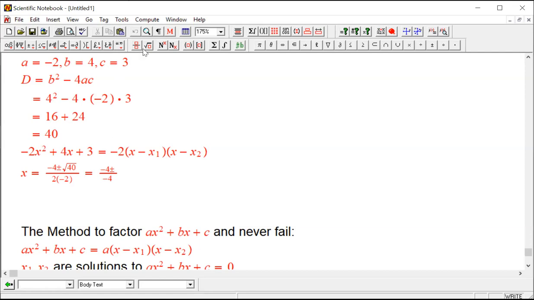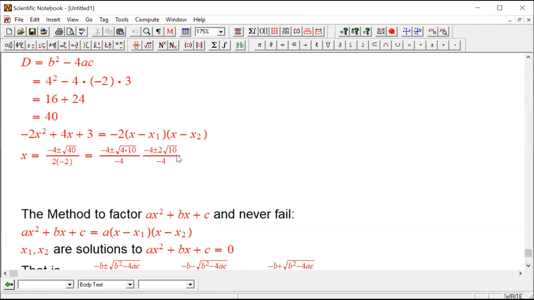Root 40 is root 8 times 5, or 4 times 10. 4 is a perfect square, right? So now perfect square 4 can be brought out. So there's a 2 here, and we're getting closer.